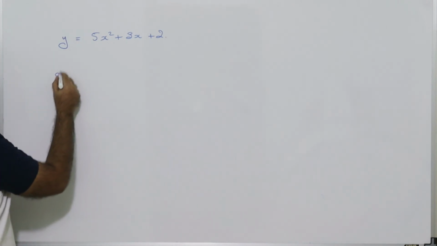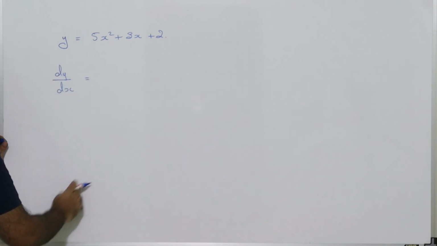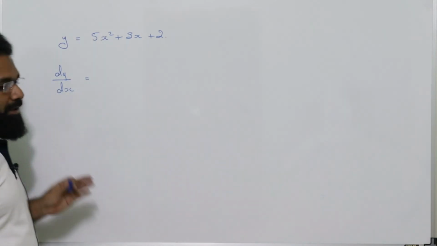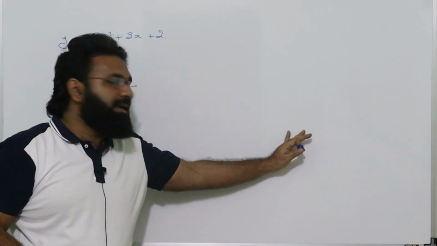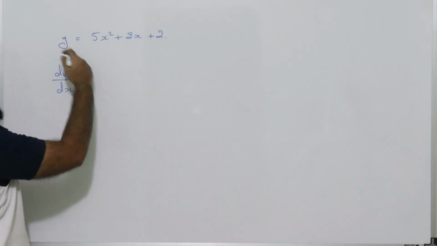So when you differentiate dy by dx, what you need to do? Put the 2 here, directly do. I wrote there in a detailed way just for understanding purpose, but when you do, you can directly write.